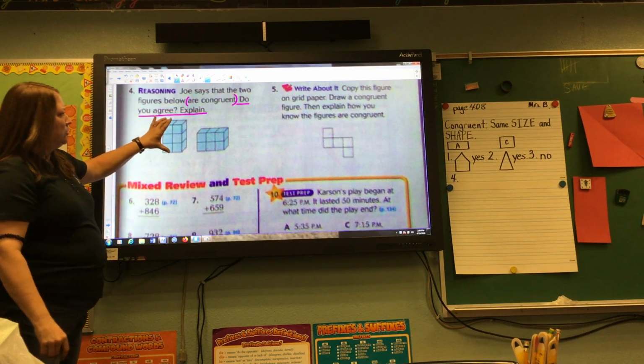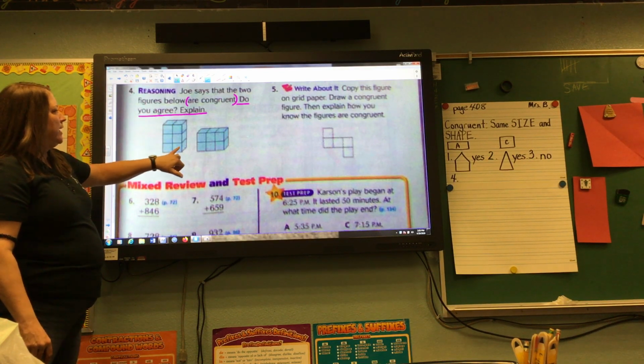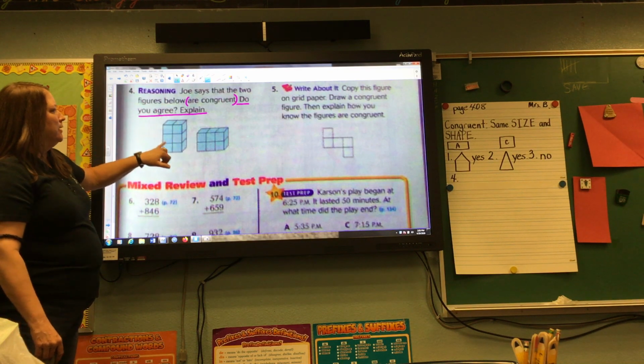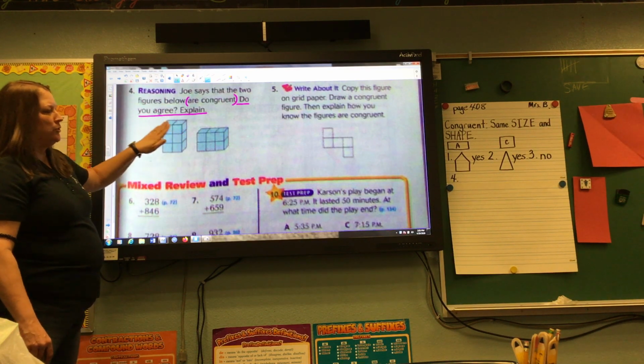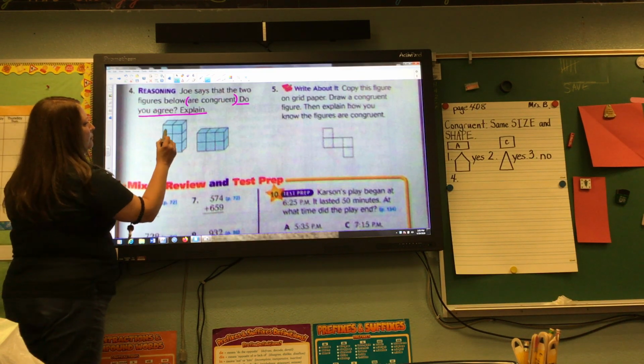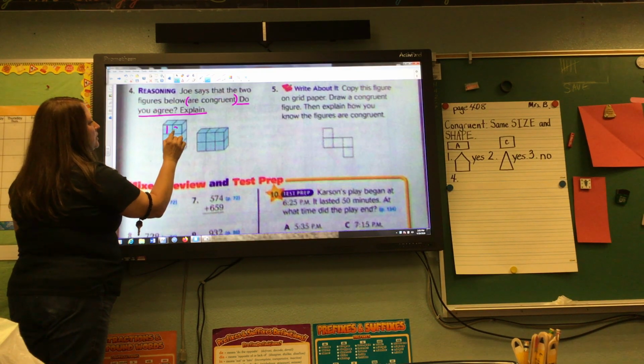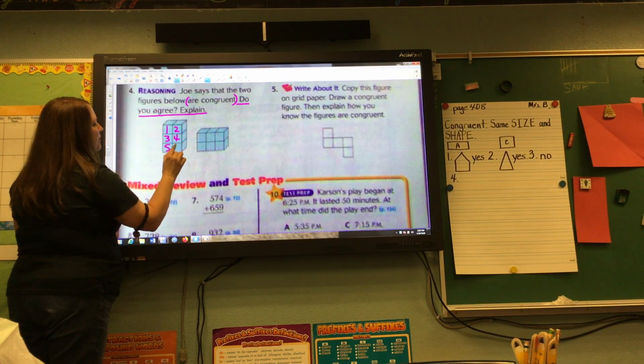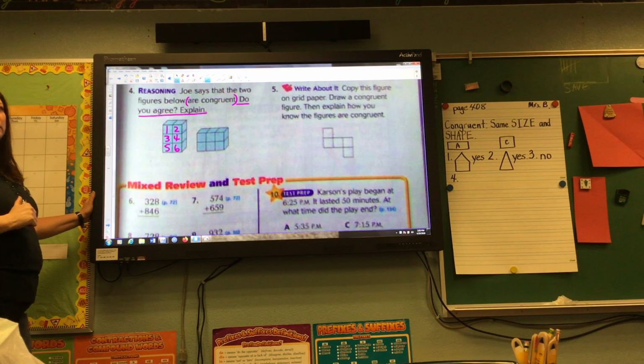I see a rectangular shape, and this one actually looks like it's got solid figures. It's not just a flat plane shape. It has tops and bottoms and sides. And if I look very carefully, I can see that there's 1, 2, 3, 4, 5, 6 cubes there.